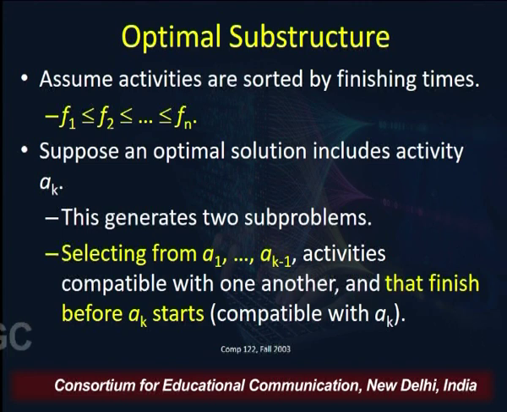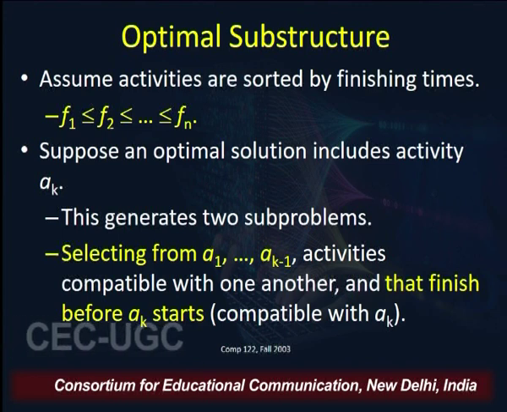Let us say an optimal solution includes a particular activity, AK. If I choose this activity to be included in my optimal solution, I now have 2 subproblems in hand.